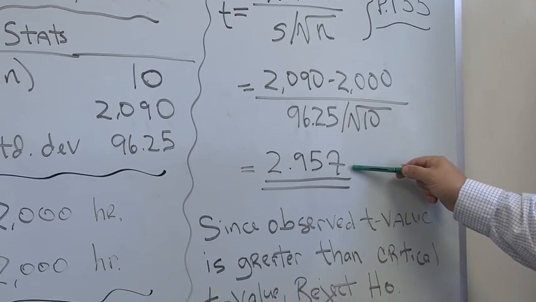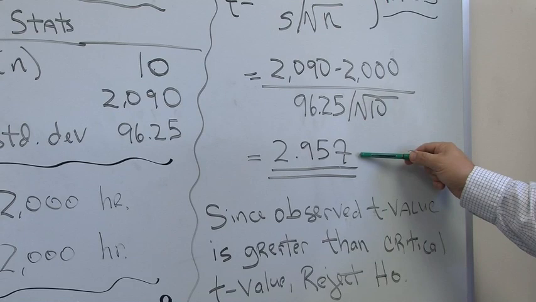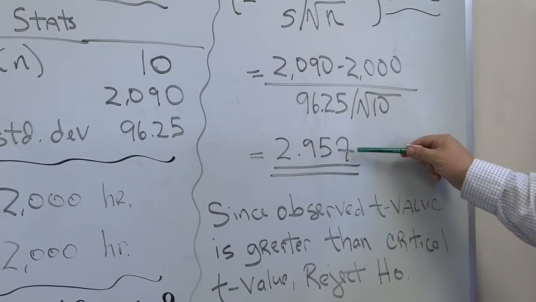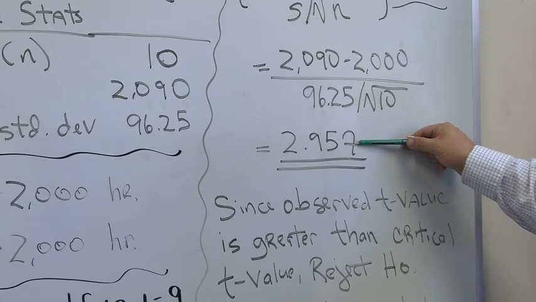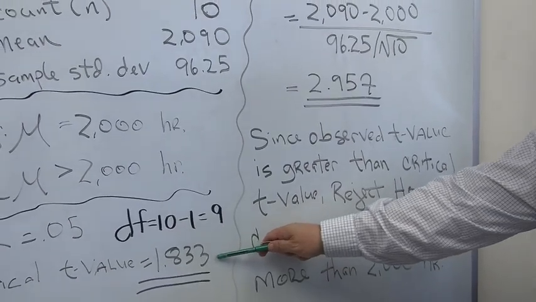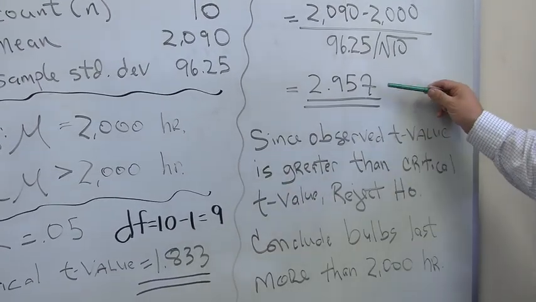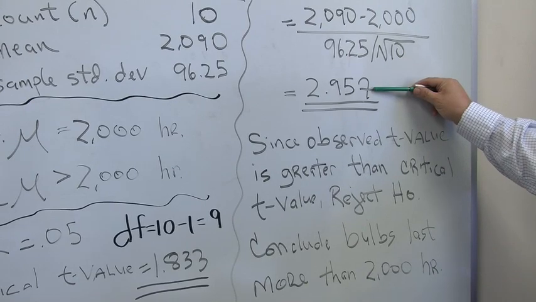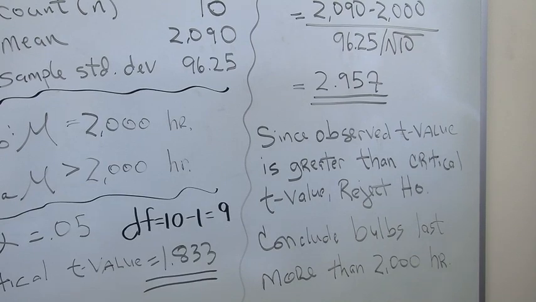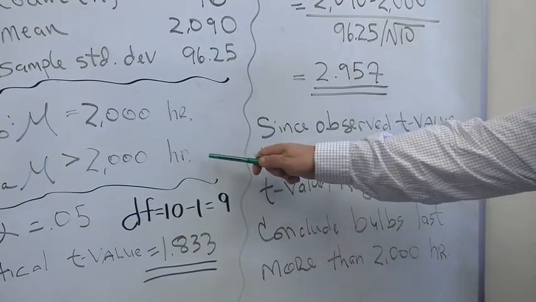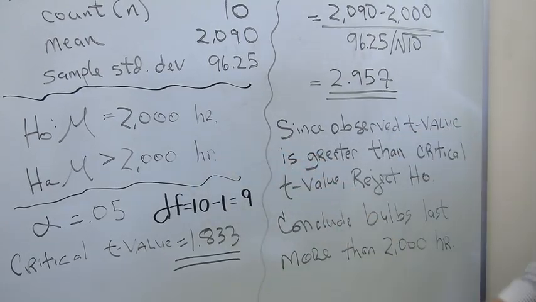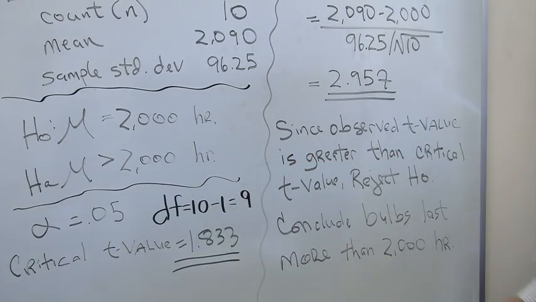Now, the first thing that we do in deciding whether we should reject or fail to reject the null hypothesis is compare the observed t-value of 2.957 to the critical t-value of 1.833. Since the observed t-value of 2.957 is greater than the critical value, that tells us to reject the null hypothesis and conclude that this device was effective and the light bulbs actually last statistically significantly more than 2,000 hours.